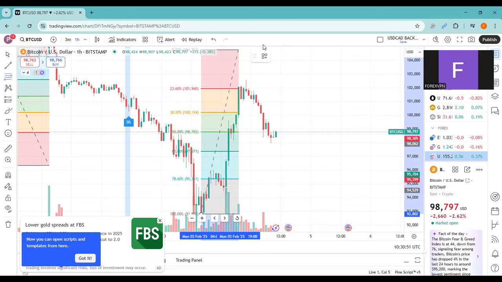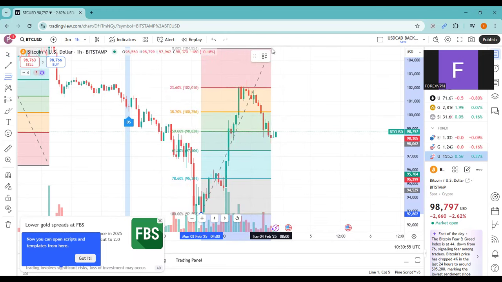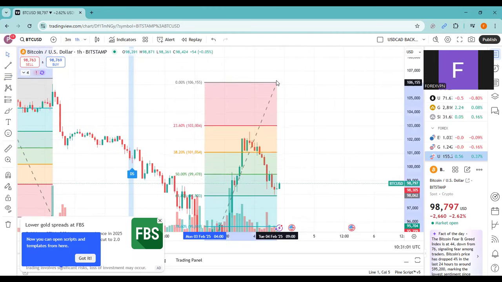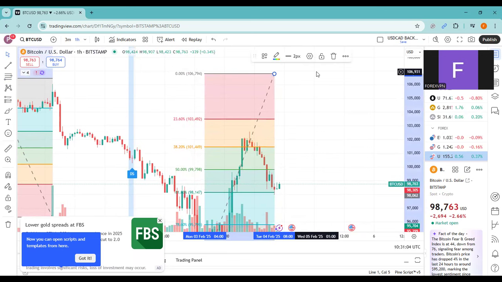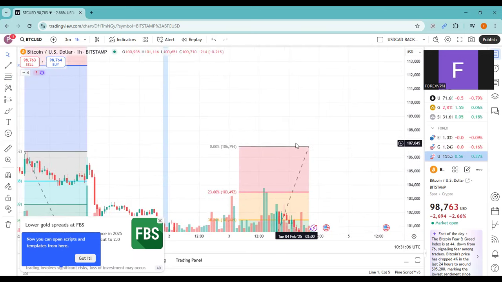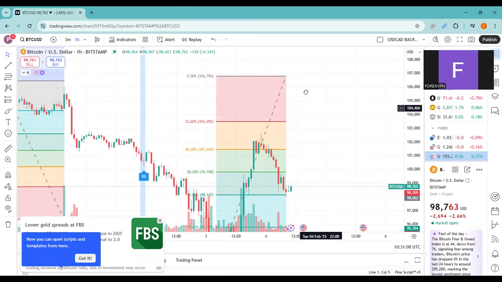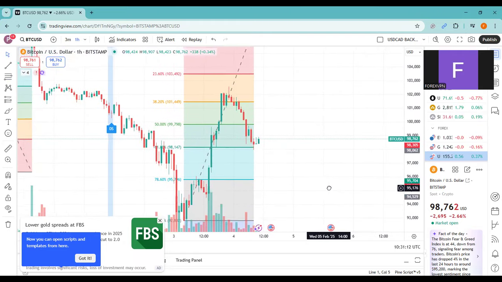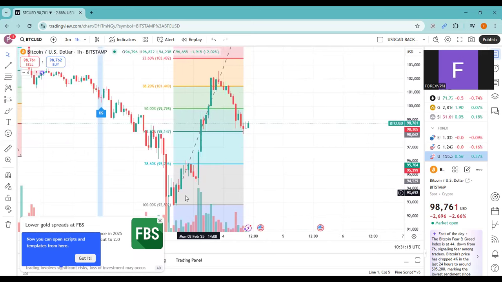And then you can extend it. That's the swing high. Good. $106,000.